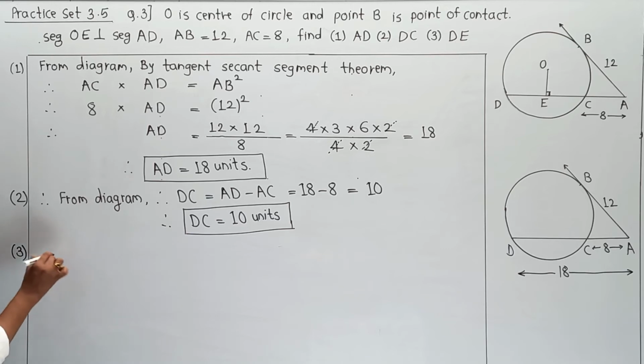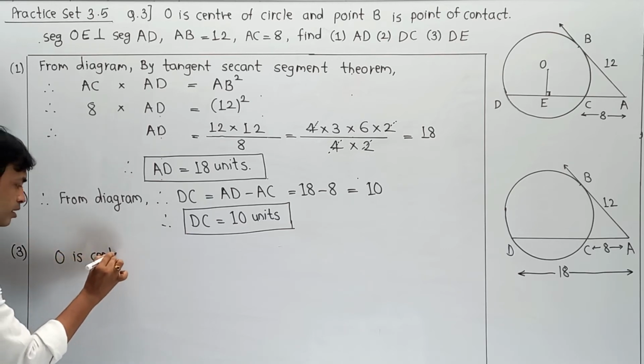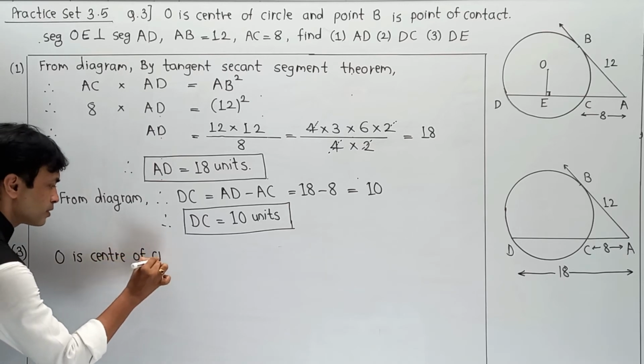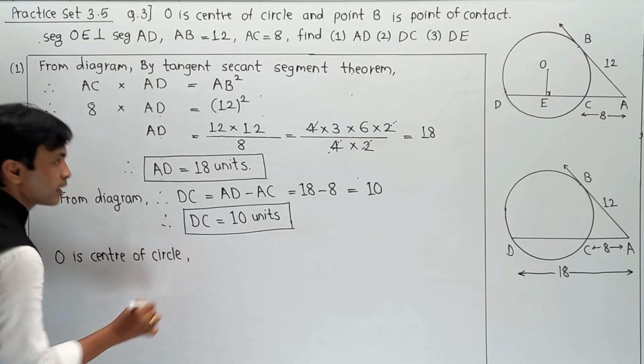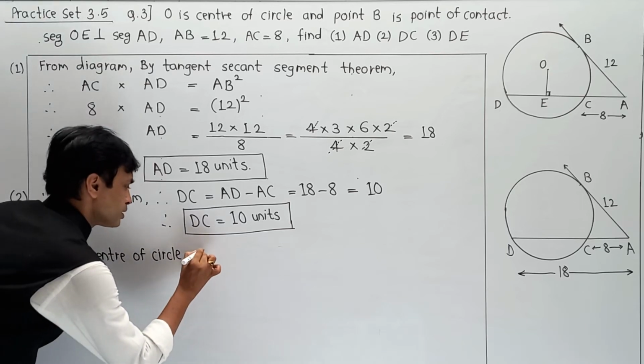So our third part: O is the center of the circle, and CD is a chord.